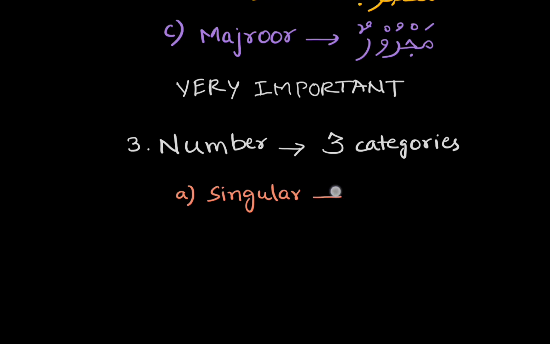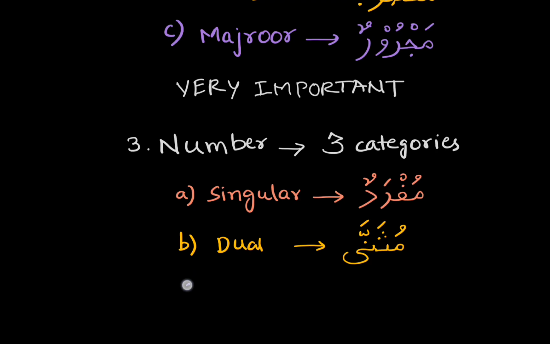Singular in Arabic is known as mufradun. The second one is dual. The dual in Arabic is known as musanna. And the third category is plural. The plural in Arabic is known as jam'un.